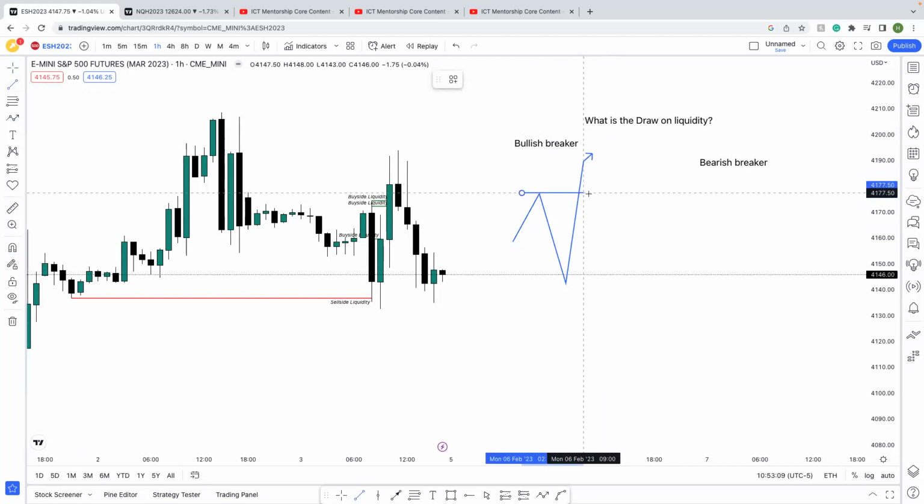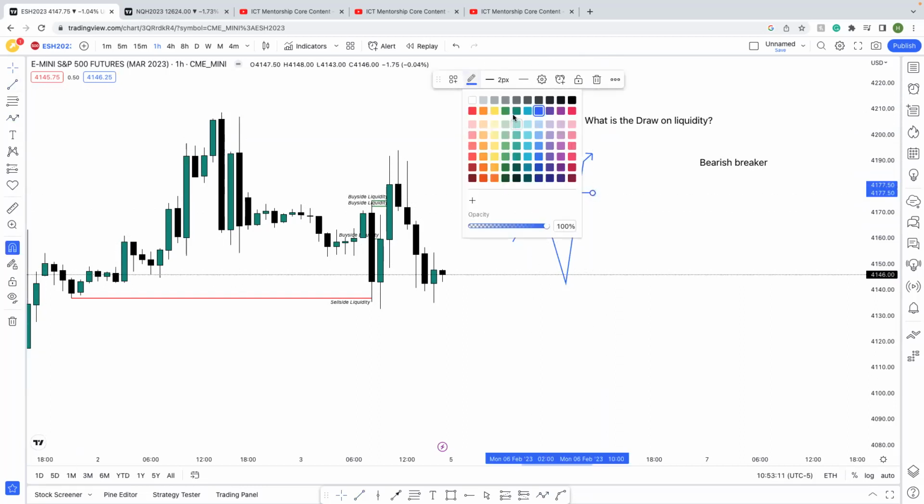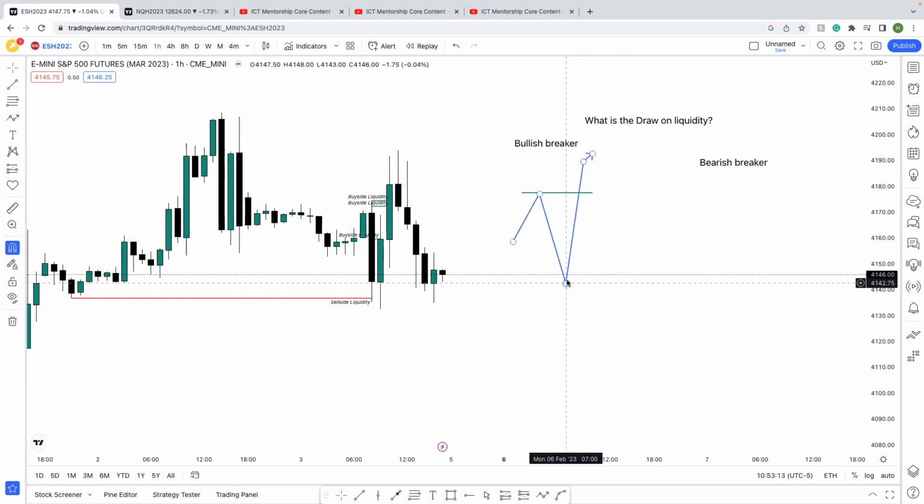On the best setups that we see, this low will occur at important times of day. We'll be taking out liquidity from this low, so here we have the sell side. We take out sell side liquidity and move back through the short-term high that we made here.